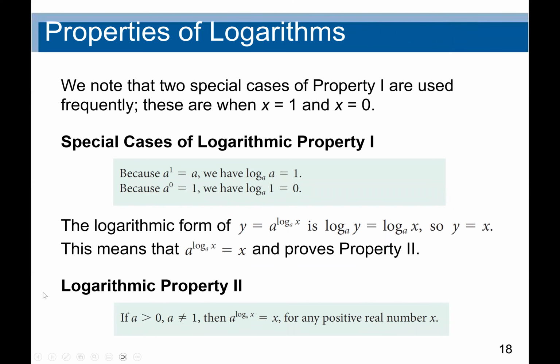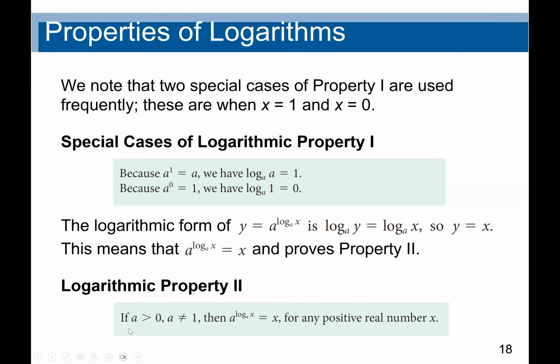So now we move to the special cases of log property 1. If we have the exponent as 1, a to the power 1 is the same as a. Also, we know that a to the power 0, the answer will be 1. And that will move us to log property 2.